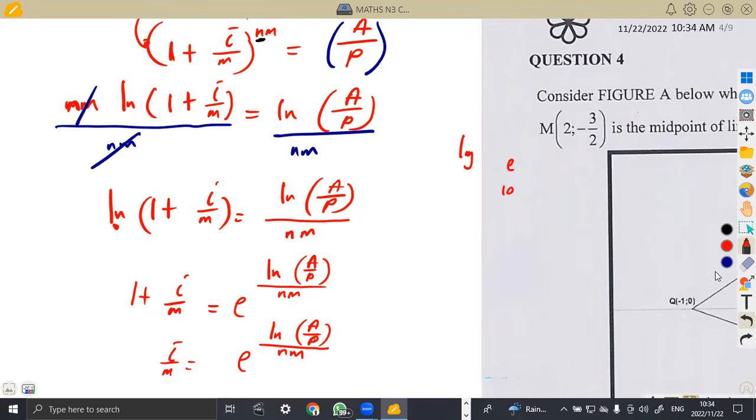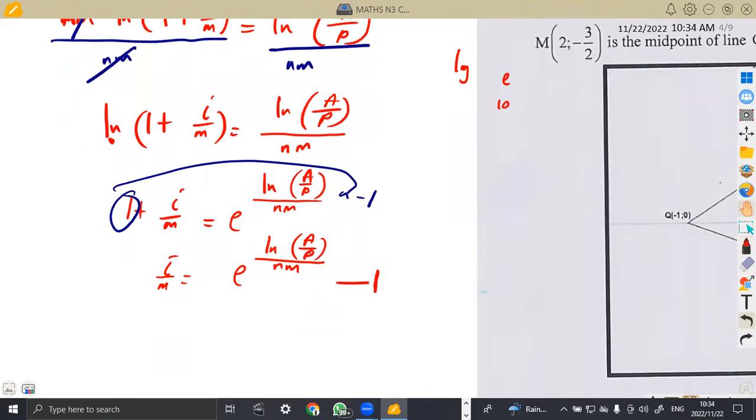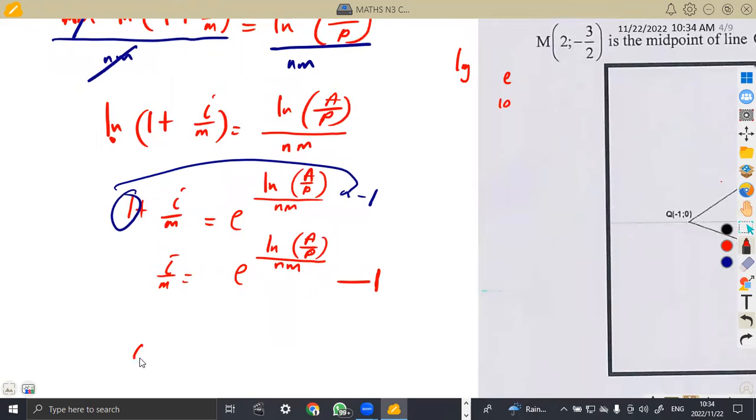So transposing this 1 here to the other side of the equation is going to be minus 1. So to find i at the end, we've got i over m, so we are just going to multiply by m. So m times (e to the exponent of ln A over P, over nm, minus 1).